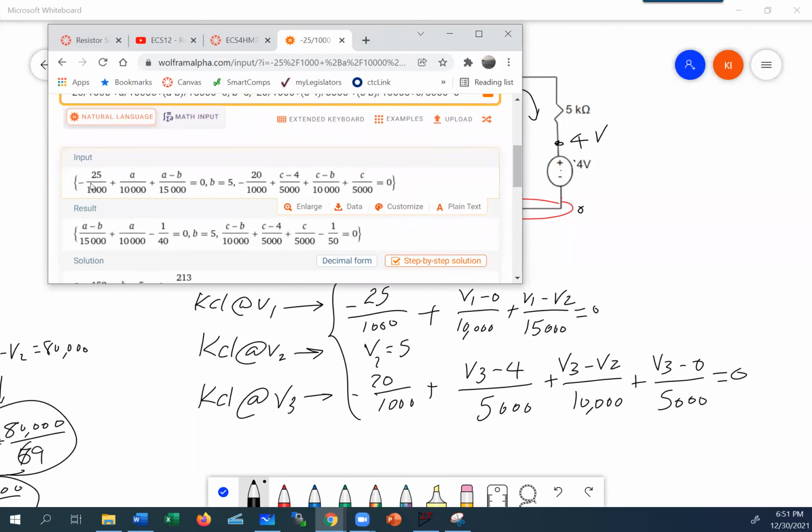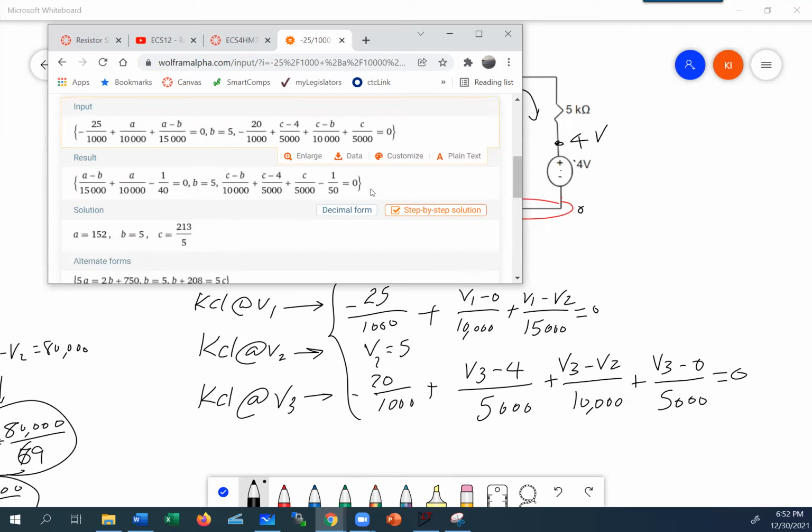See how it puts it in: minus 25 over 1,000, A over 10,000, A minus B over 15,000. That looks good. B equal to 5. That looks good. Minus 20 over 1,000, C minus 4 over 5,000, C minus B over 10,000, and C over 5,000. Perfect. So those are the equations.